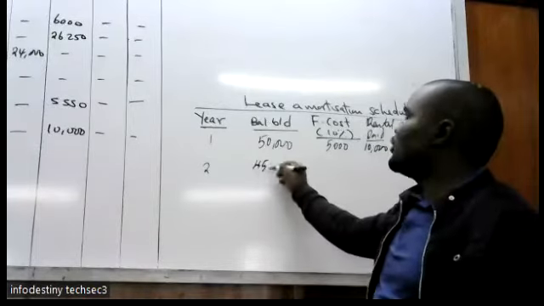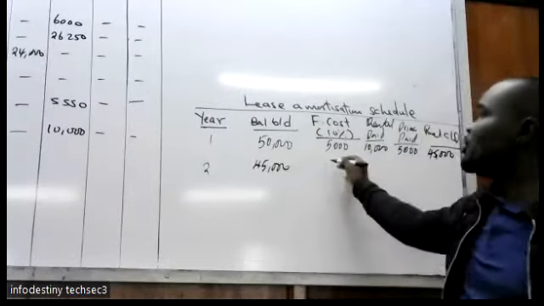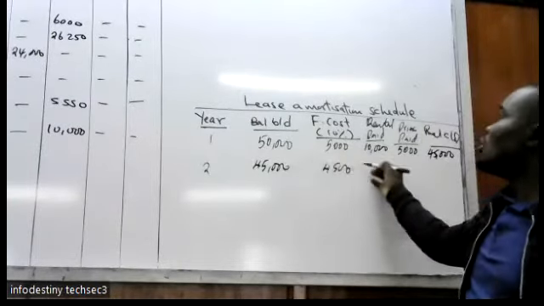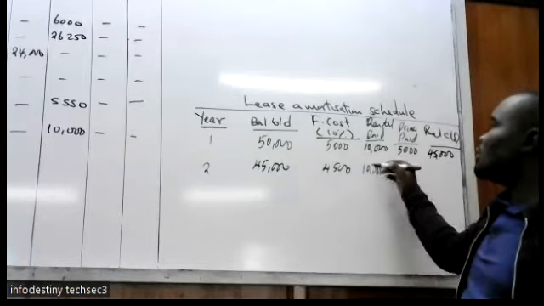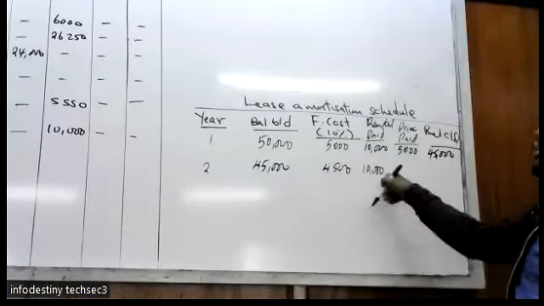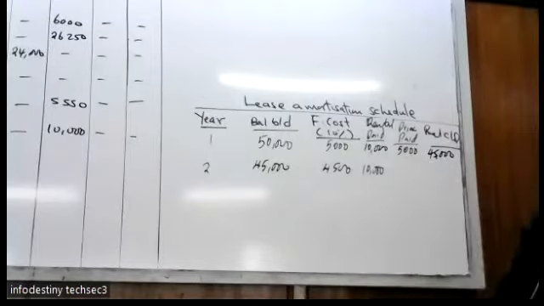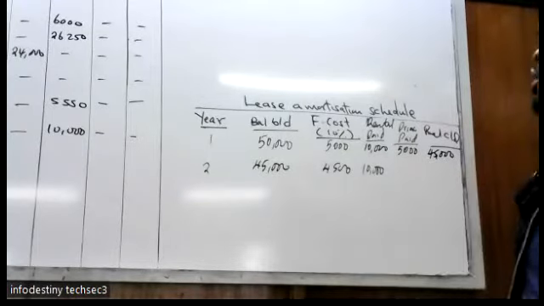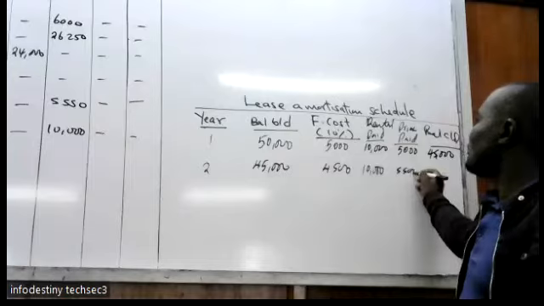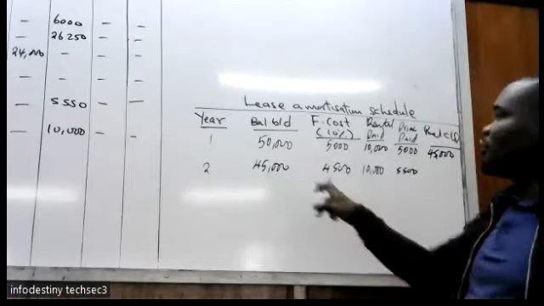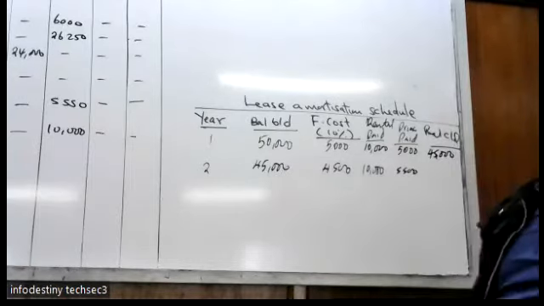Year 2 is 45. 10% of this is 4.5. Rental, they are paying 10. So take 10 minus 4.5 to get the principal paid. Principal paid is 5.5. So take 45 minus 5.5 to get the outstanding balance.